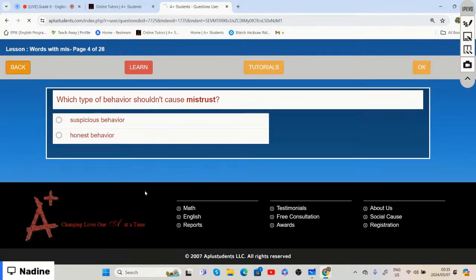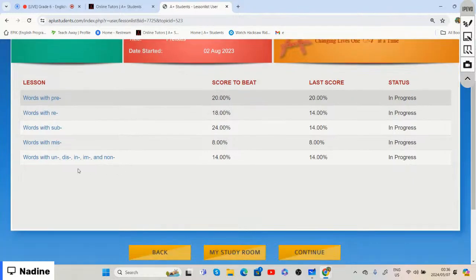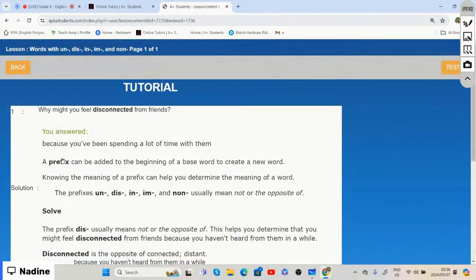All right. So now we're going to words with un, dis, in, im, and non. These are also prefixes, words that we add to the beginning of a base word to create a new word. And remember, knowing the meaning of a prefix will help you determine the meaning of a specific word.